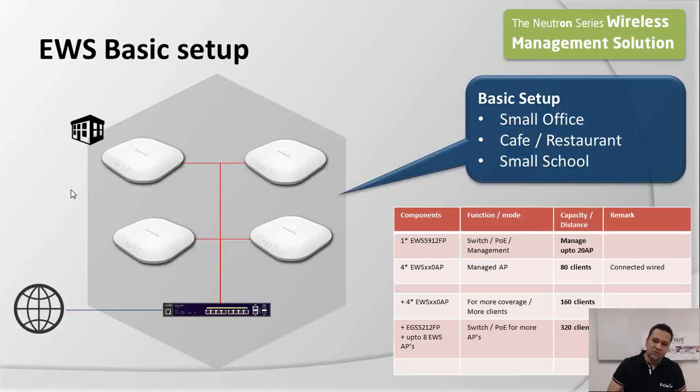So I like to always calculate 20-25 users to be connected simultaneously to one access point. In this case, I have 4 access points, so I can cater up to 80 clients, 80 simultaneous users in my deployment here.